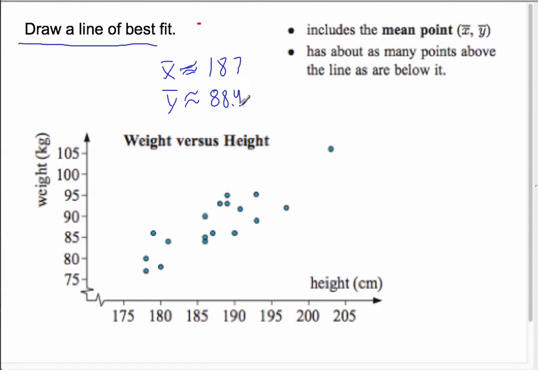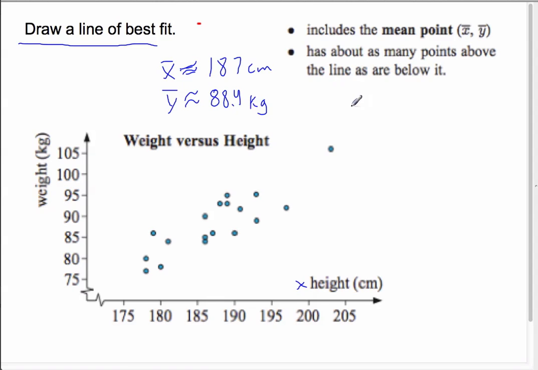I use 3 digits for each of those. Remember, the x values are in centimeters, so I can write centimeters here, and the y values are in kilograms. So the average height of these people is 187 centimeters, and the average weight of these people is 88.4 kilograms.